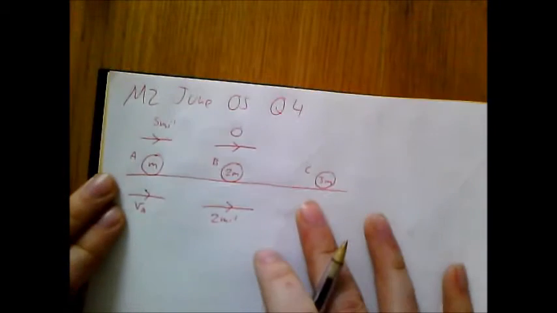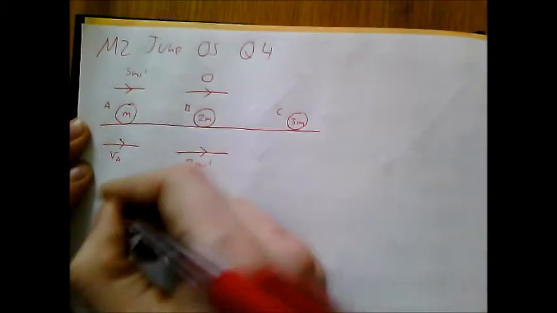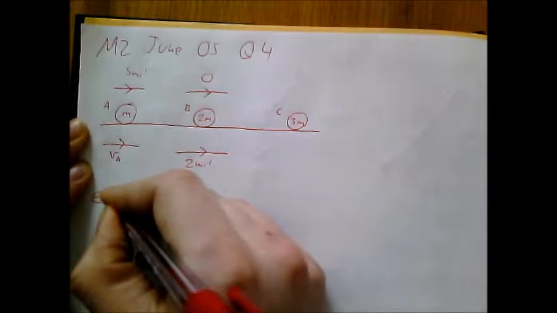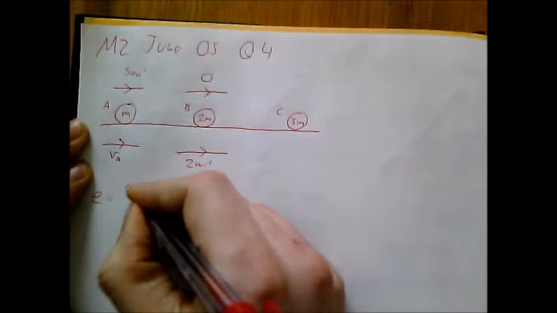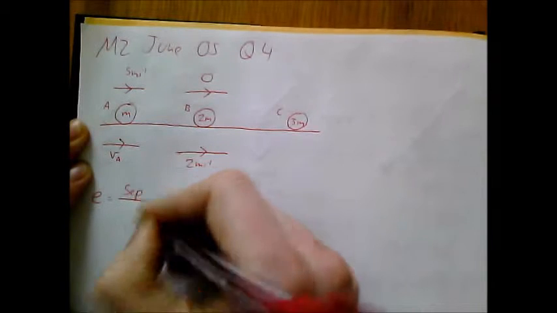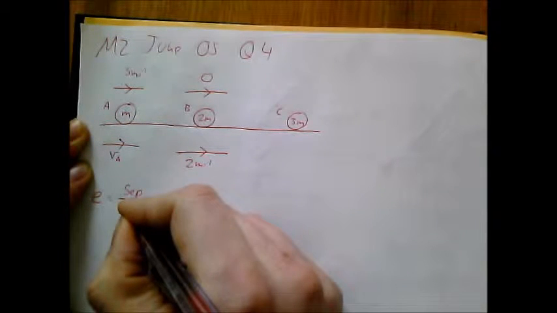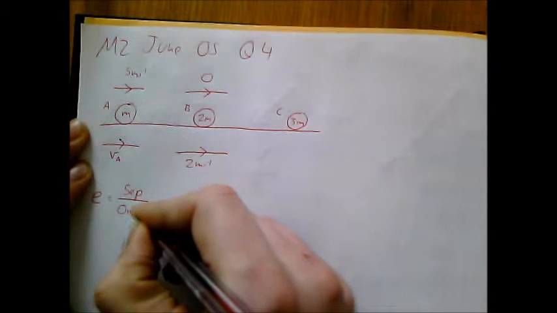So we want to find the coefficient of restitution between A and B. The coefficient of restitution is the separation speed over the approach speed.